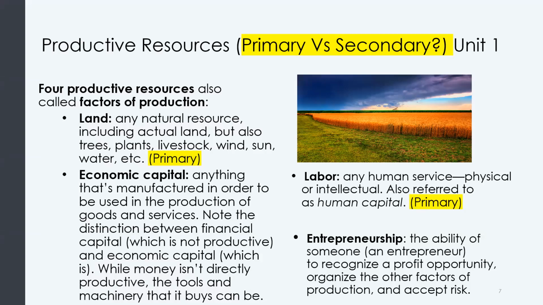Because if you have money, money does not get you tractors only. Money can actually get you land. Money can actually get you labor. So it encompasses everything. So we cannot talk about money as a factor of production. Rather, we talk about the actual tractor that you need, the actual equipment that you need. So if anything is man-made, if anything is manufactured, it is considered as economic capital, right?